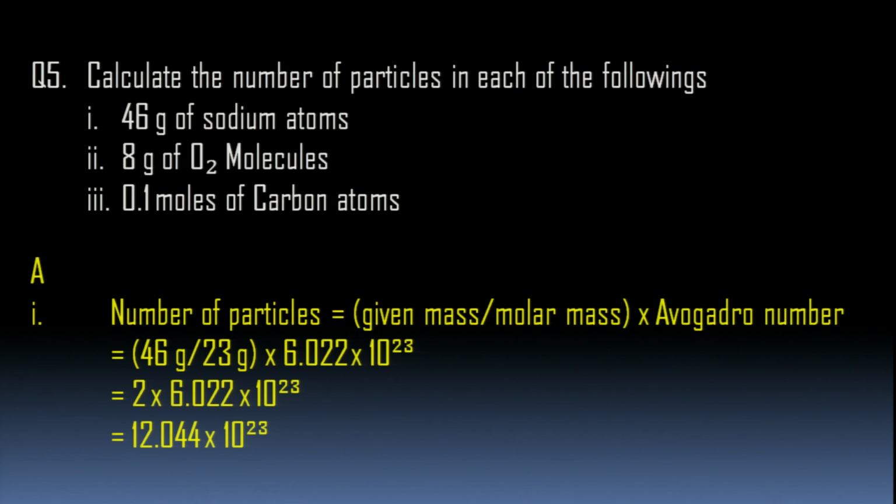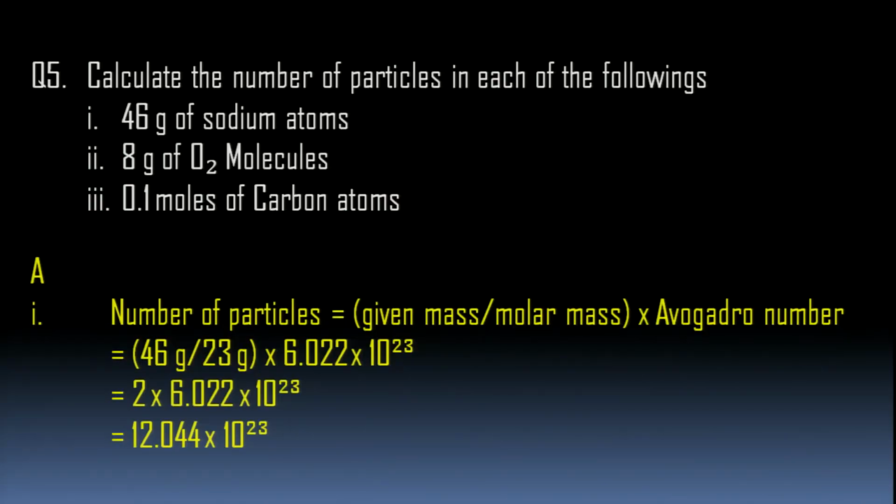Atomic mass is 23 and molar mass is 23 grams, and into the Avogadro's number. And it comes out to be 2 into 6.022 into 10 to the power 23. Just an easy calculation, 12.044 into 10 to the power 23. Okay, children, the screen is there for you for a few seconds. You can note it down.